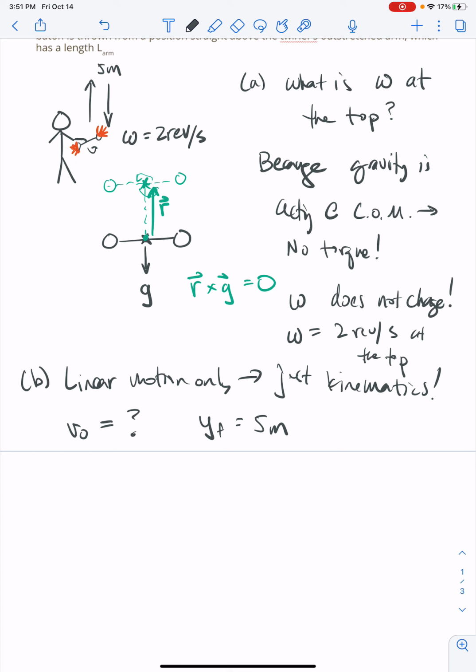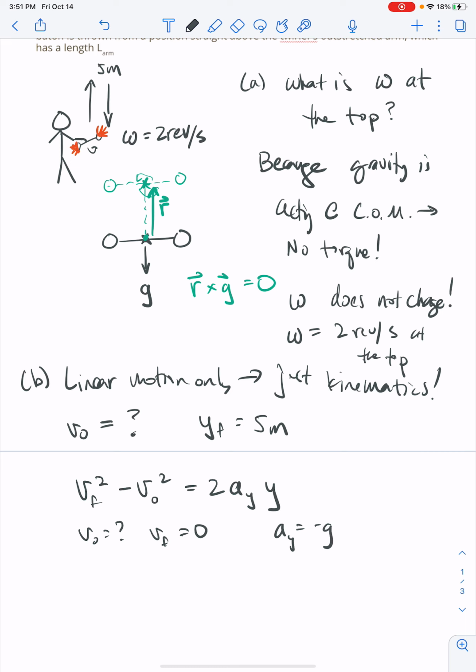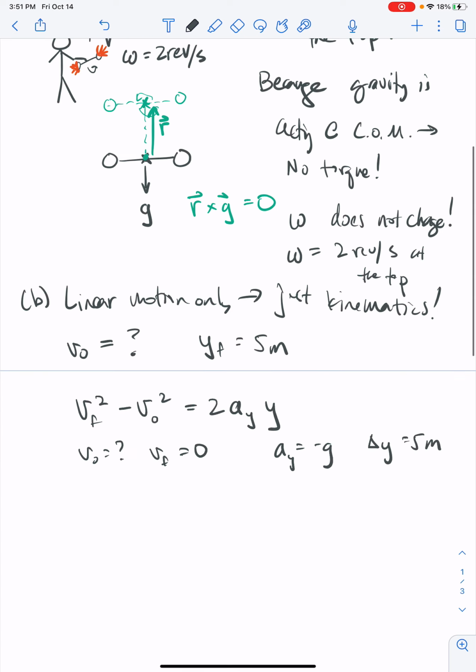So instead, it makes more sense to use this kinematic equation. Okay. So our v naught is, we don't know. Our v final is 0. Our a y is -g. And our delta y is 5 meters.